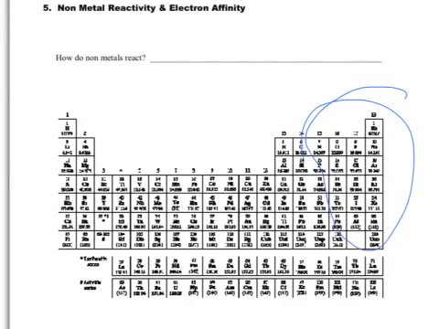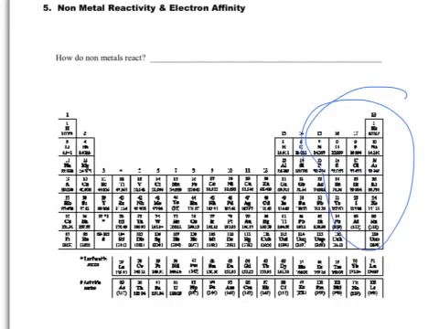And typically when you give a nonmetal atom a charge, usually that charge is negative, which means that nonmetals gain electrons when they become charged or when they bond. So nonmetals typically gain electrons, which is the opposite of metals losing electrons.